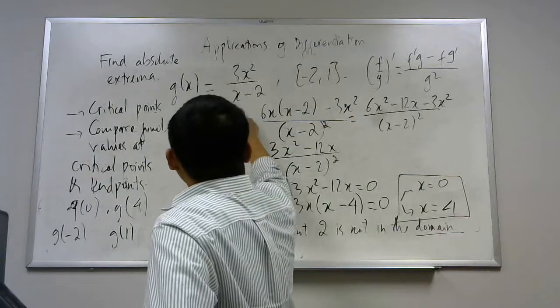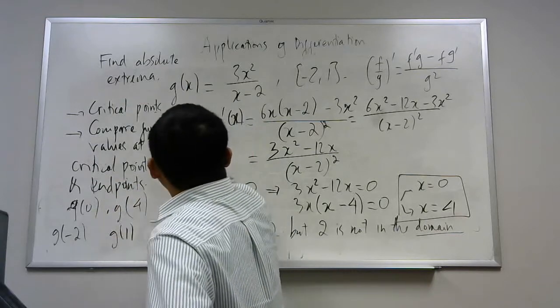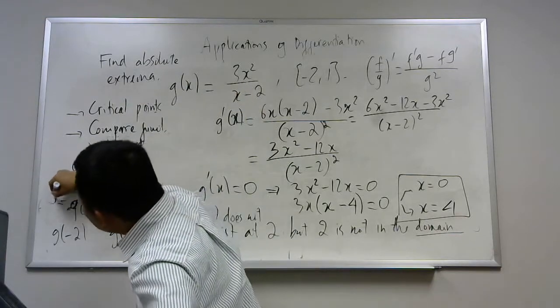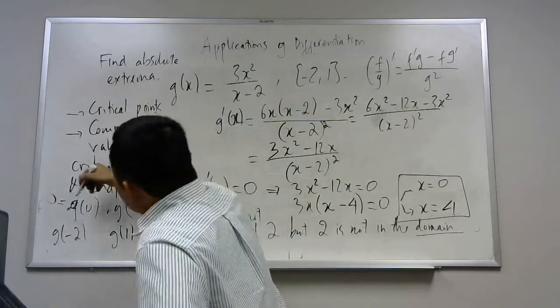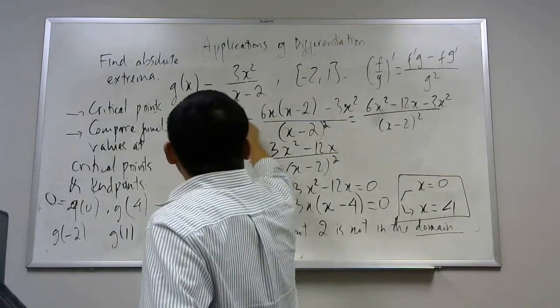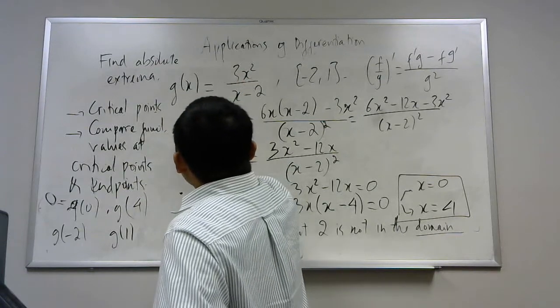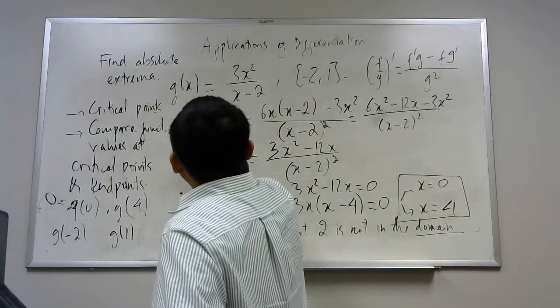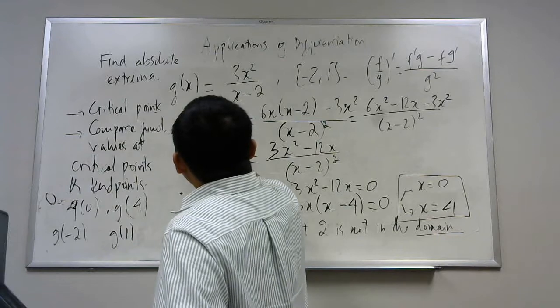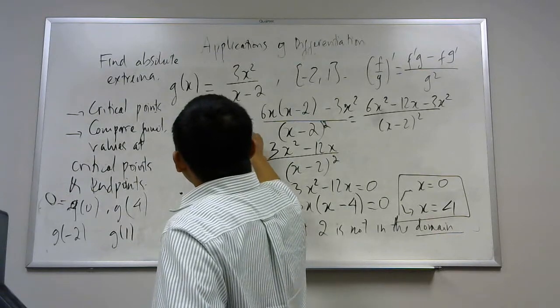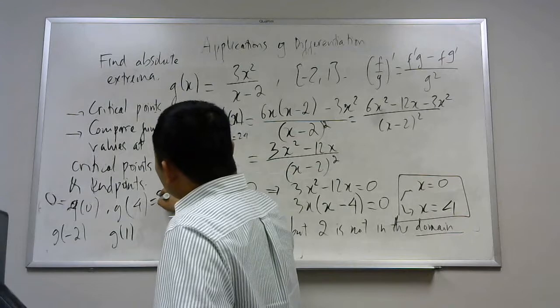Let's find the function values. G of 0 is 0. G of 4: I plug 4 into this, I get 3 times 16 over 4 minus 2, which is 2, so I have 3 times 8, which is 24.